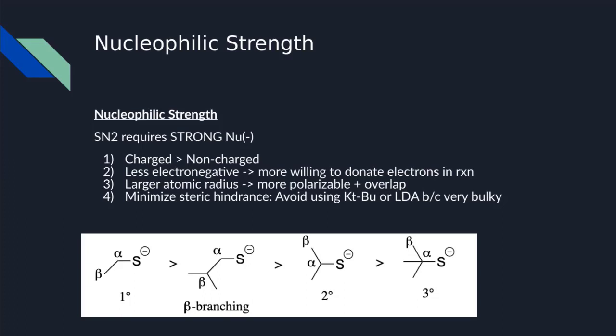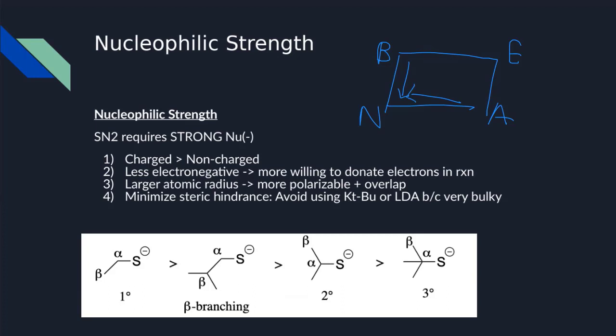In addition to this, we're going to see trends that follow our mnemonic BEAN, which is on our periodic table. If we label it such that we have B, E, A, and N, our nucleophilic atoms will tend to go down the periodic table and to the left.